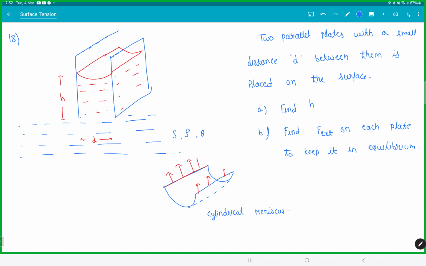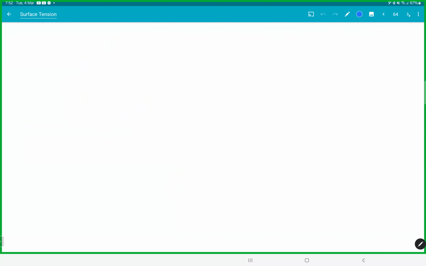Let's see. Yeah. So if you look at the shape here, this is how it would look.